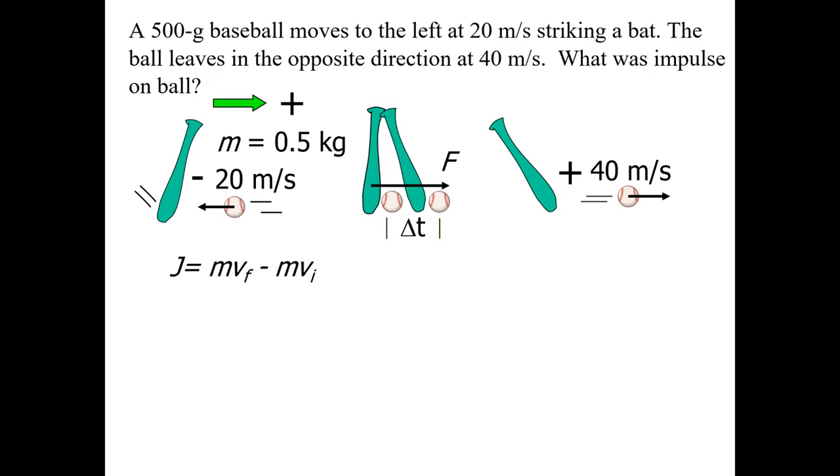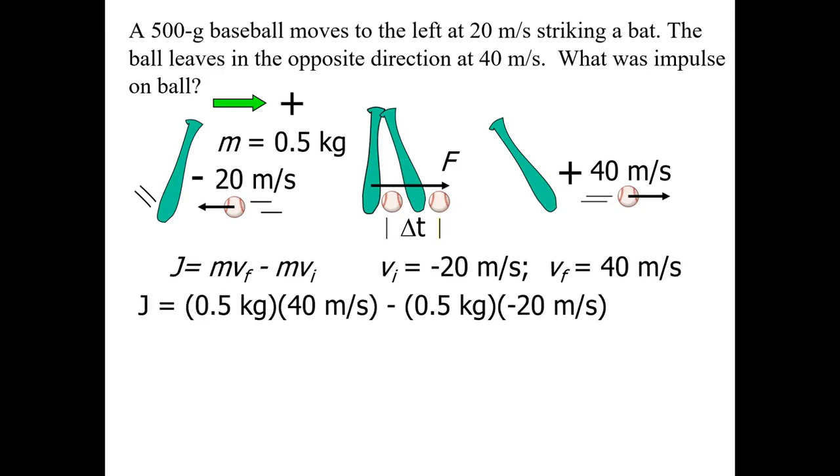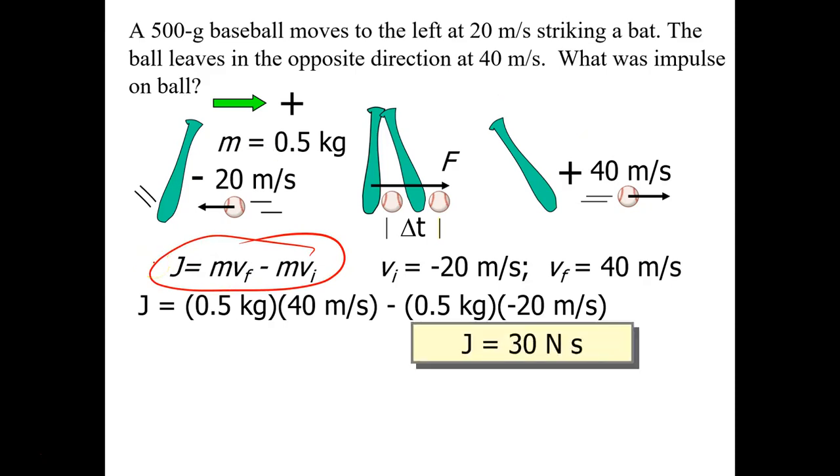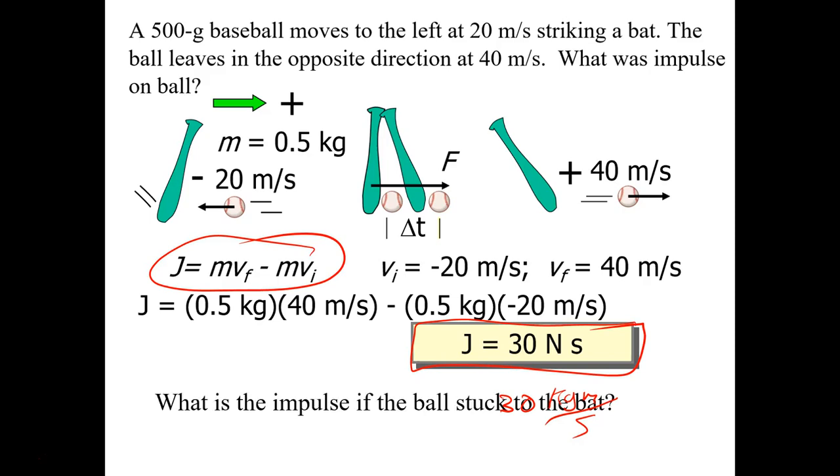We know that impulse is equal to our change in momentum. We know what our final and initial velocities are. All we have to do is plug into this impulse momentum theorem, and we find out that our impulse is going to be 30 newton seconds, or if you wanted to, you could write it as 30 kilogram meters per second, if they are the exact same thing.